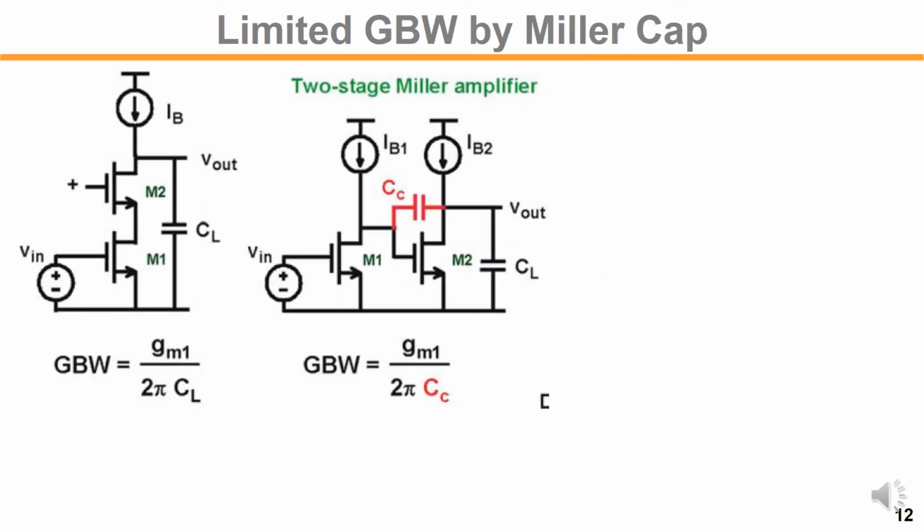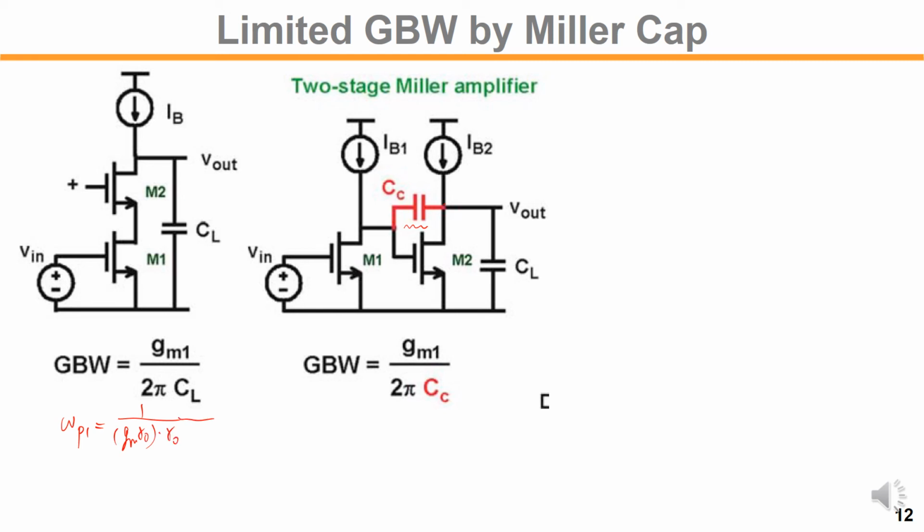In some cases, we put the Miller capacitor between gate and drain in the second stage for stability in a feedback. So we may consider this case, the amplifier versus the left-hand cascode amplifier. In the cascode amplifier, the dominant pole location would be 1 over what? R is gm ro times ro.